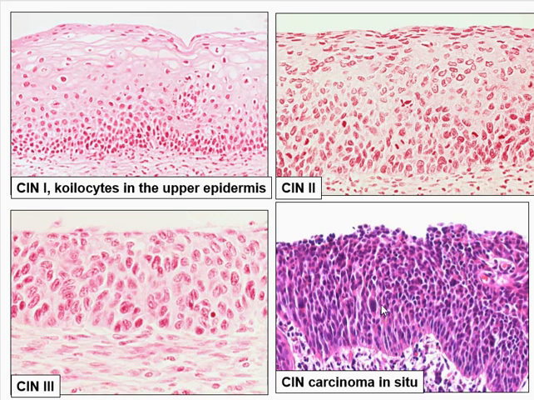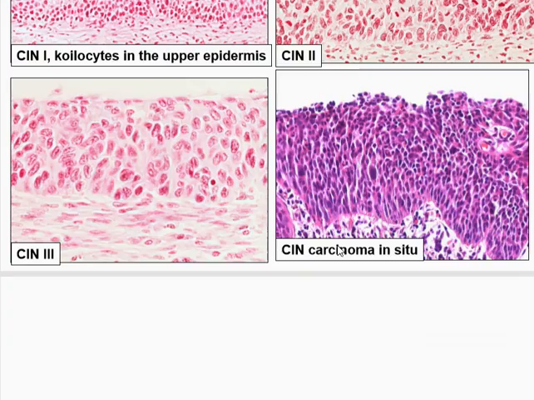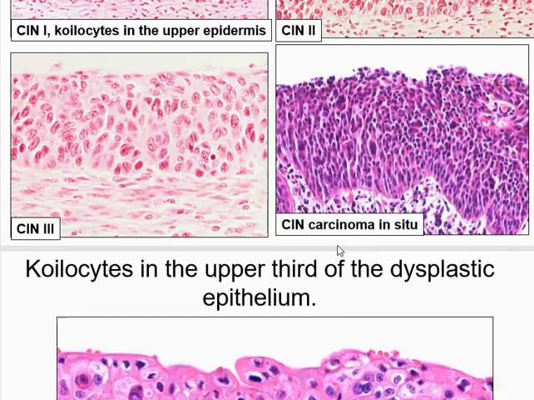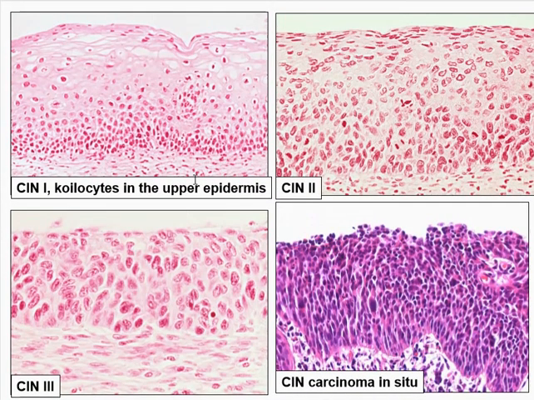Probably a bit more severe lesion as the one depicted here. Both of them are CIN3. This was referred to as carcinoma in situ earlier. Koilocytes are superficial cells associated with HPV infection, and if we go back here we also see koilocytes here.